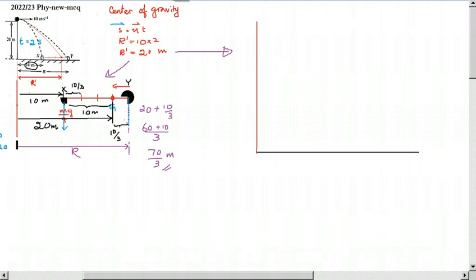So we know this quarter piece has fallen here, 10 meter away. So the distance is 10 meter. This distance is 10 meter.